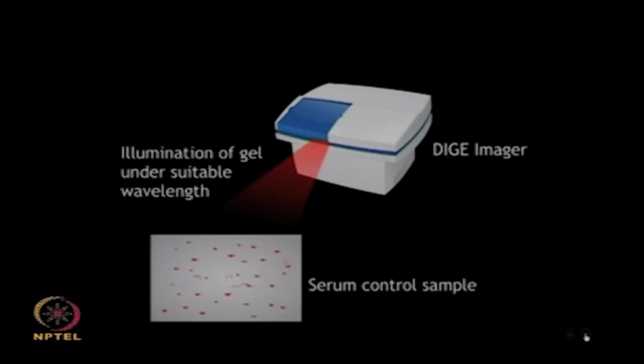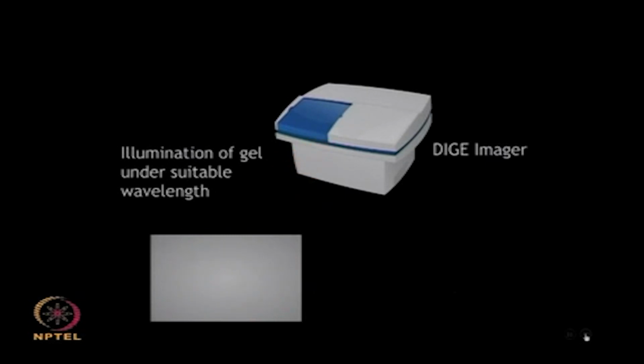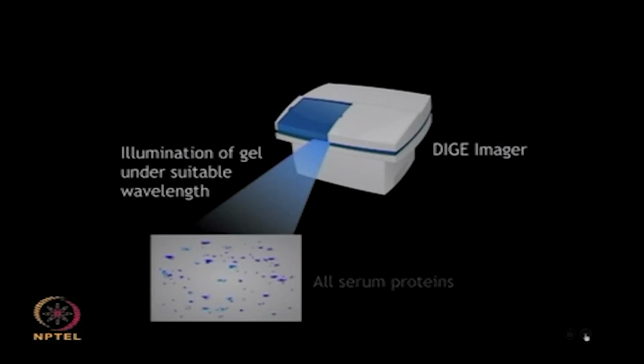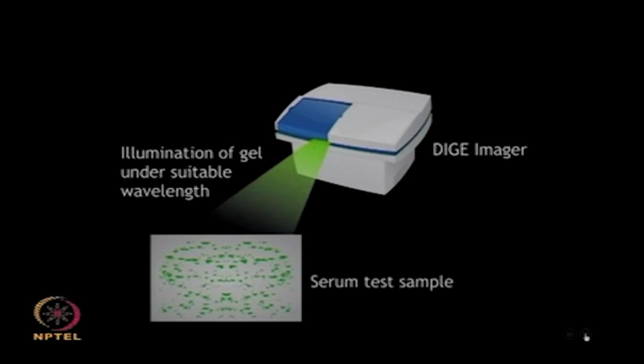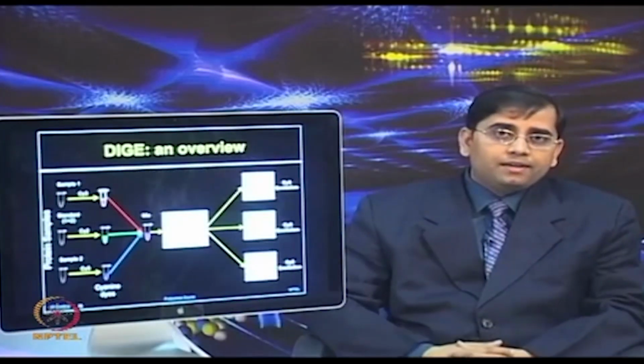From the same gel, 3 different images can be obtained for Cy2, Cy3 and Cy5. Therefore, there will be no reproducibility issue and various artifacts can be eliminated for the clinical or large number of sample analysis, which we have discussed earlier.